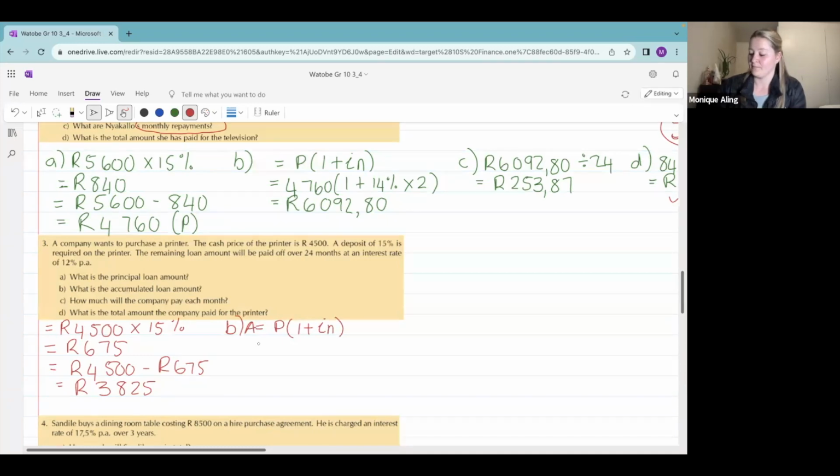Then A equals 3,825 times 1 plus 0.12 times 2, because it's 24 months.